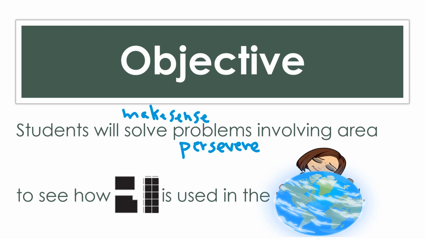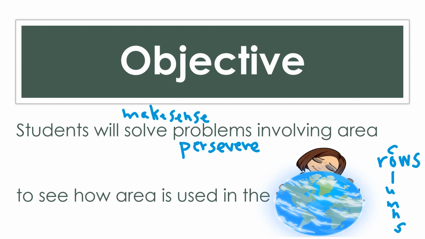Remember, we were working with tiled rectangles and arrays to help us think about how that connects to area. Can you picture that tiled rectangle right now and how it has equal rows and equal columns? So we're going to be making sense of problems today involving area, because we want to see how area is used in the real world.